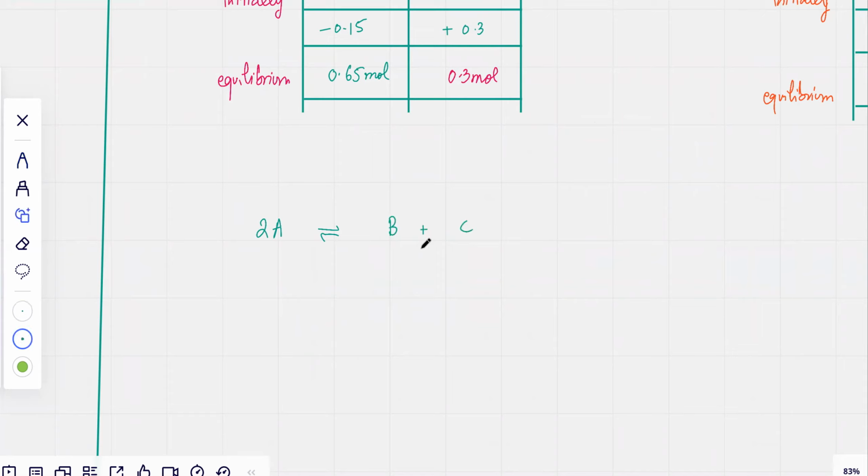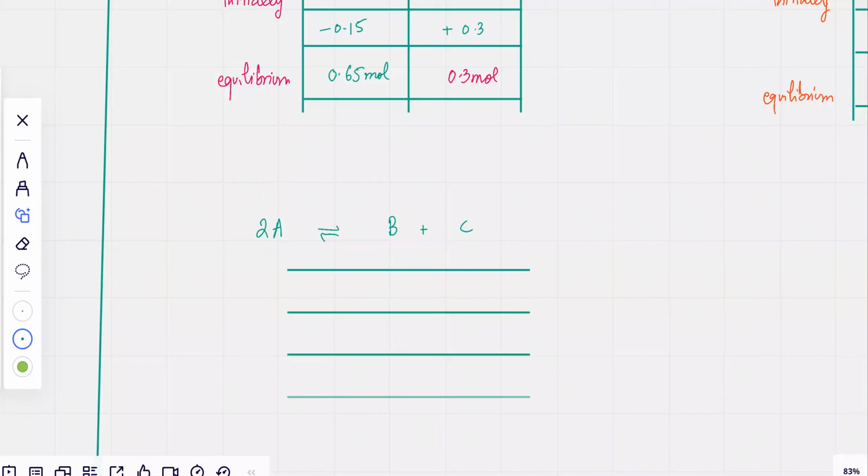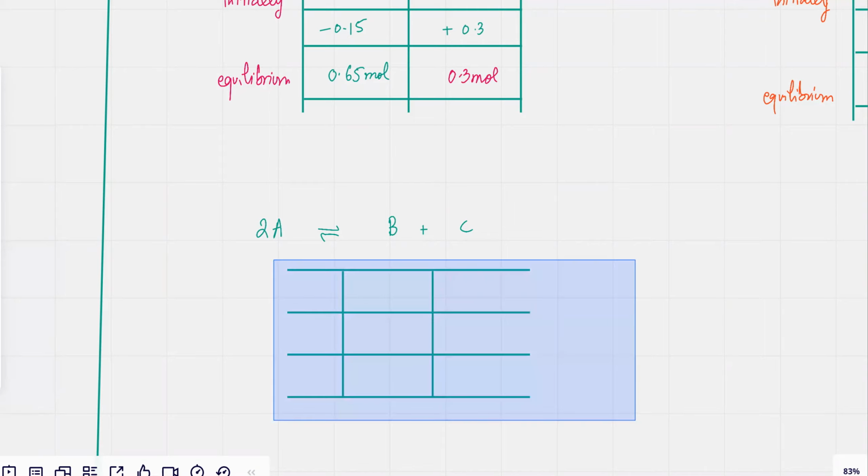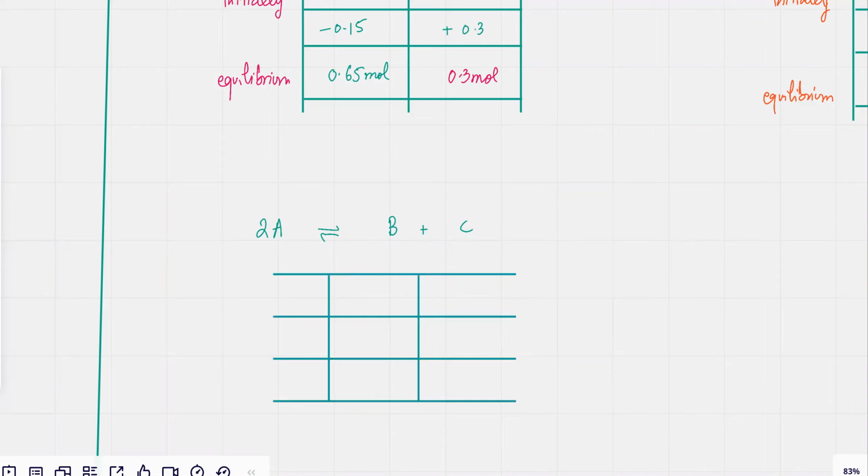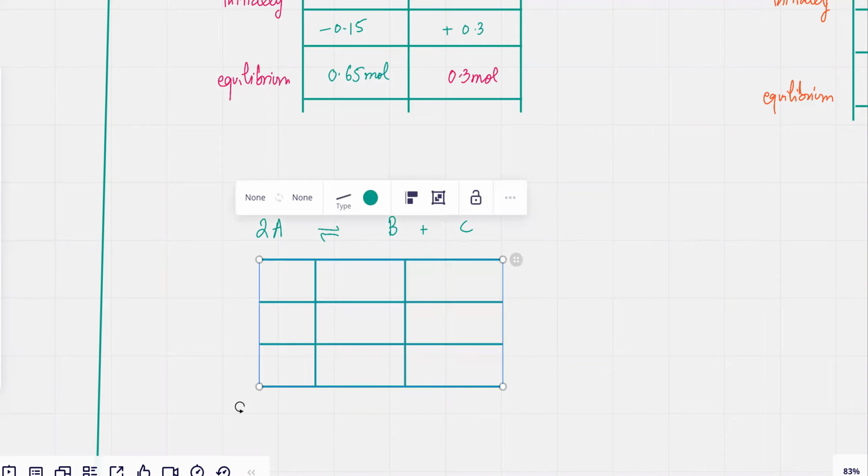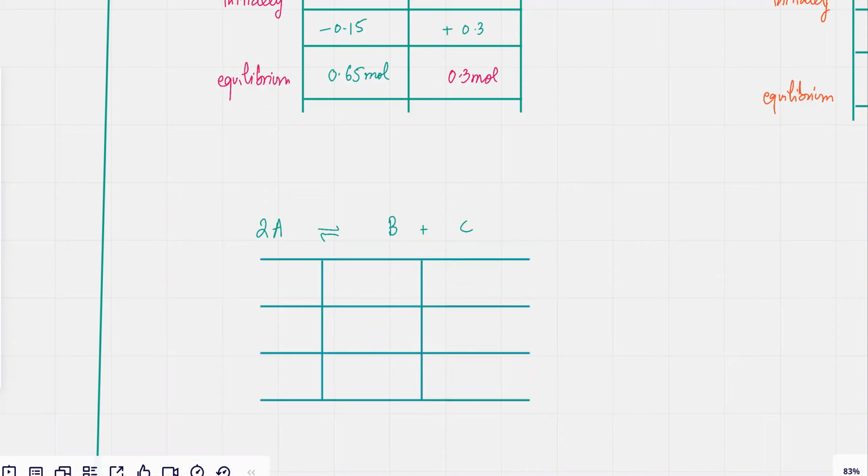Again, make a table. So here's my table.